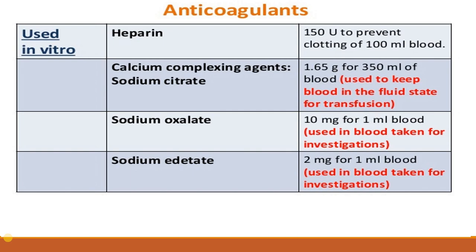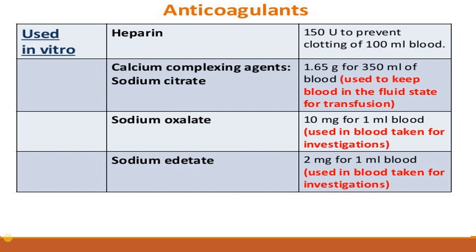Heparin 150 units to prevent clotting of 100 ml blood. Next is the calcium complexing agent, sodium citrate. 1.65 gram for 350 ml of blood, used to keep blood in the fluid state for transfusion.